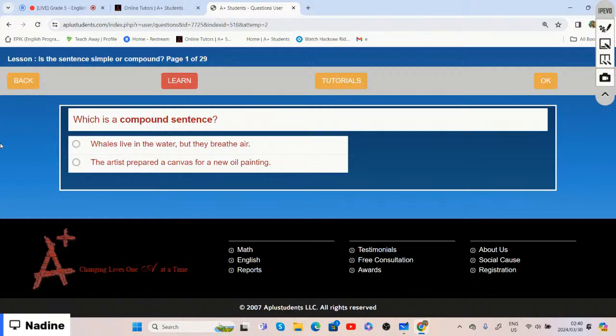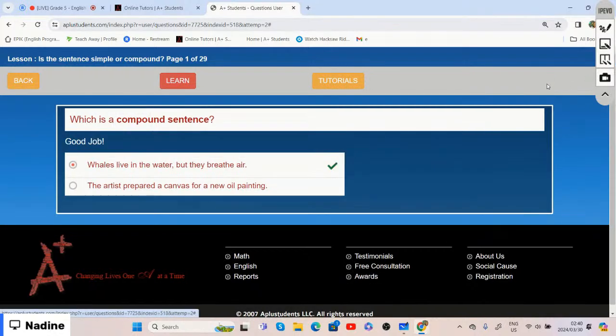So we need to say which one is a compound sentence. And if we were to identify it, we would say it's option one. Because it's two sentences that are on their own and are joined by a coordinating conjunction, which is but. Compound sentence.